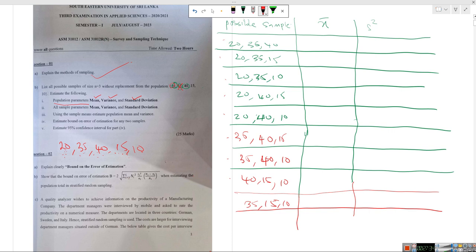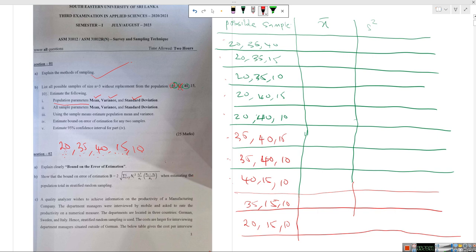Again 40, 15, 10. And I may write 20, 15, 10 also. So these are the possible samples, right?